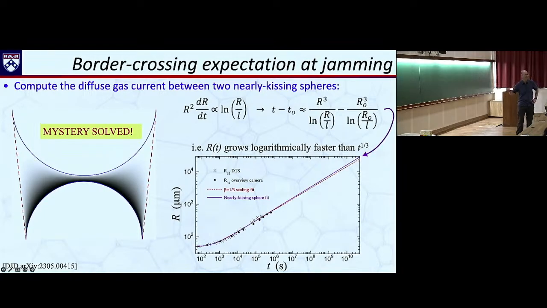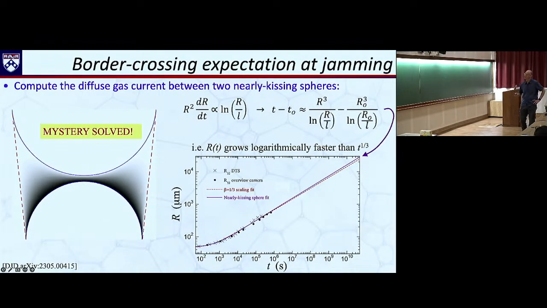So it's not a pure power law, but experimentally you can't tell that it's not a pure power law with a 1/3 exponent, and it's because of border crossing physics. The film thickness plays a role. So it's not truly the dilute limit, not just because there's a logarithm there, but because the film thickness plays a role. So it's not the dilute limit, it's border crossing physics that plays the role.